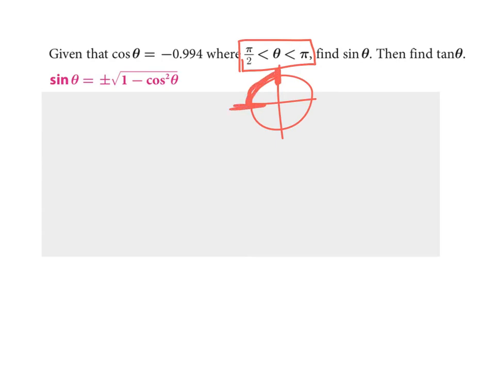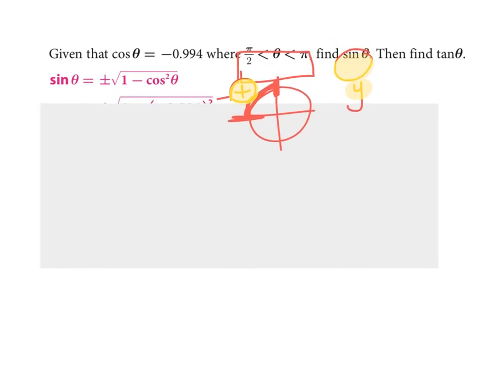In this quadrant, the signs are negative, positive. Well, I want sine, which is my y value, and in this quadrant, y is positive, so my final answer should be positive. If you're taking ACT or an EOC, this process of positive and negative would help you eliminate answers right away.